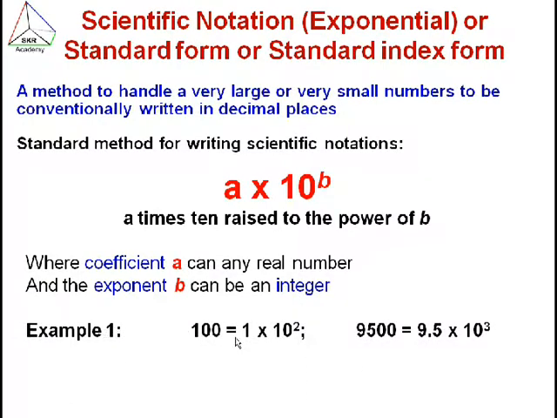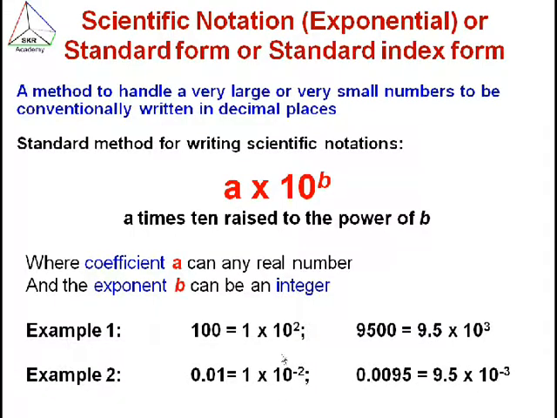So let's take an example. If we want to convert 100 into scientific notation, we will write 1 times 10 raised to the power 2, and if we want to convert 9500, this will become 9.5 times 10 raised to the power of 3.